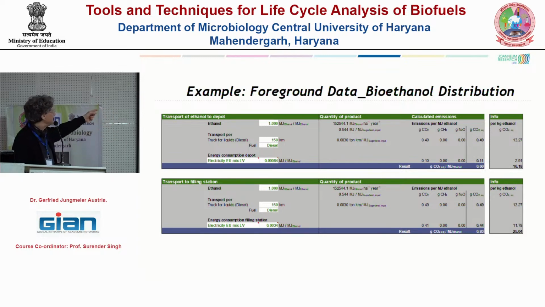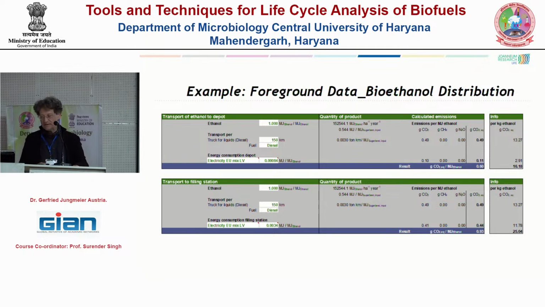And then finally you go to the filling station, which also needs some electricity for the pumping, and then the LCA stops. So then you really have the value on greenhouse gas emissions per megajoule bioethanol at the consumer side, when you start filling in.